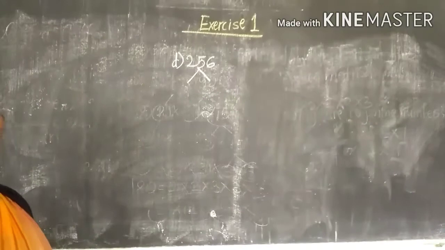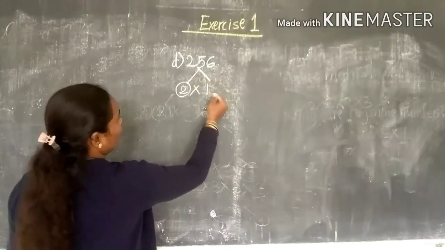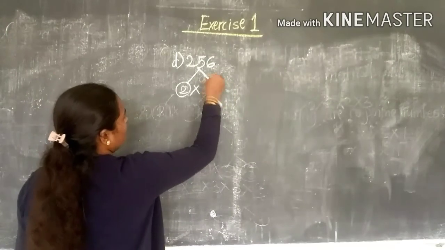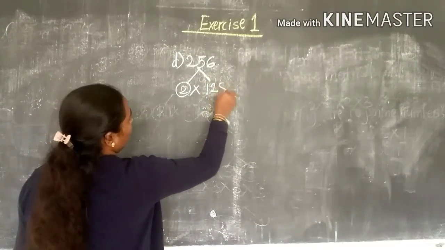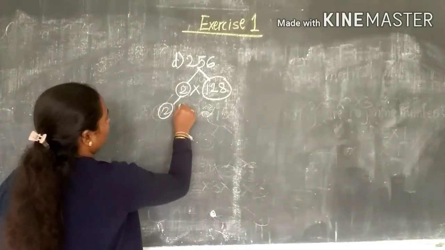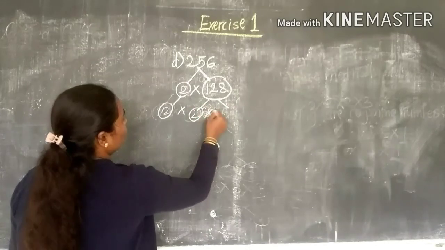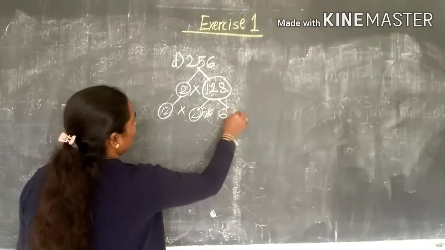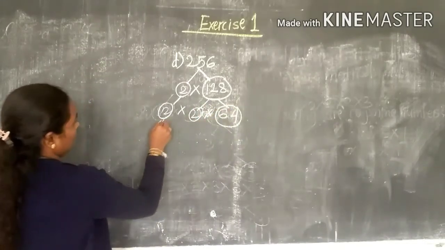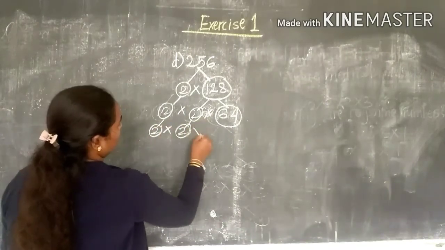Number is 256. We will take 2 into 2 1s are 2, 2 2s are 4, 2 8s are 16. Okay. Now again we have to divide it. 2 6s are 12, 2 4s are 8. Then 2.